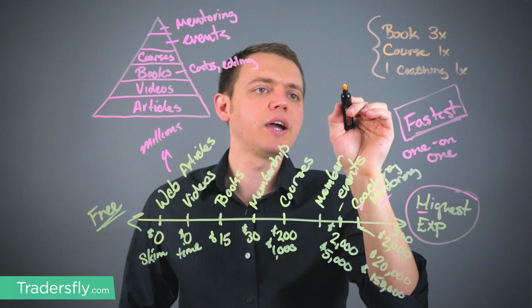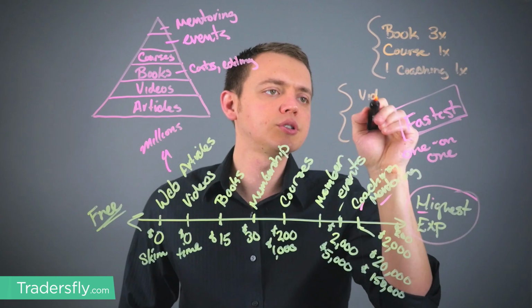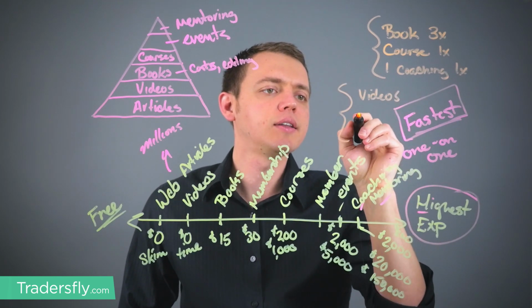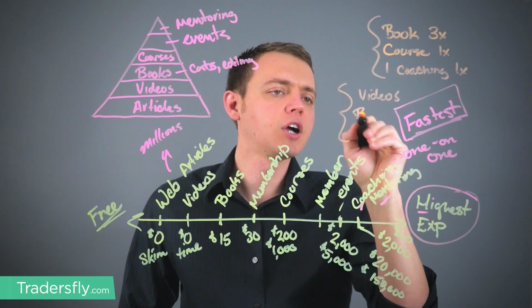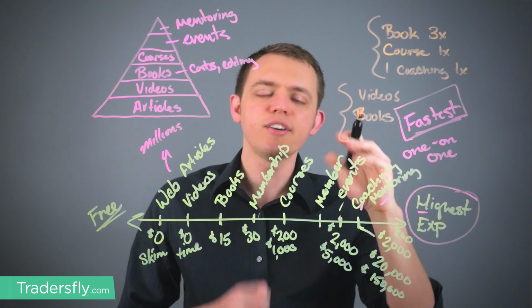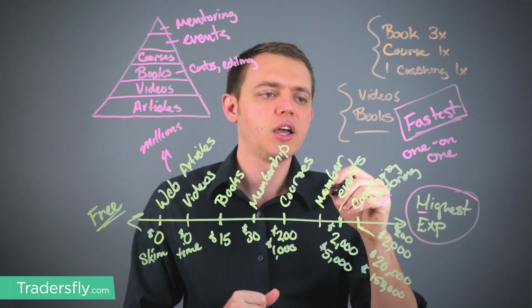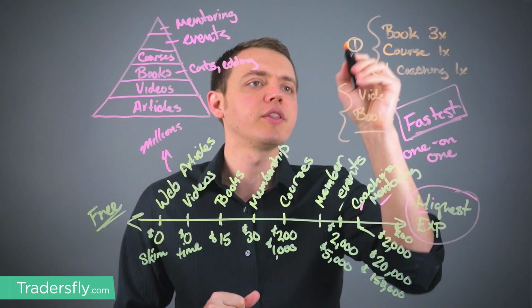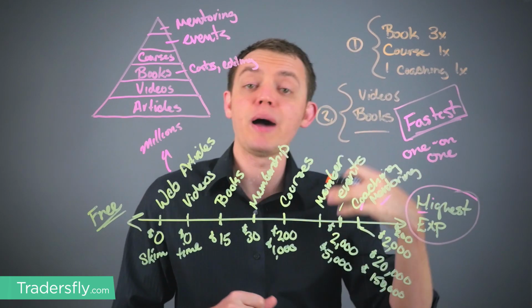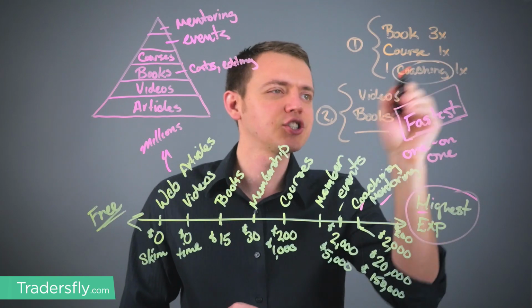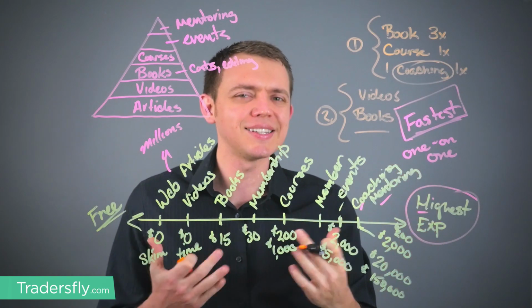Then next month you might do more videos, and then another couple of books, and you keep doing a combination of those things. And you might skip a mentoring session, and then you do that the third month. So this is month 1, month 2, and by the third month you do another coaching session. That's the way you can balance things out.